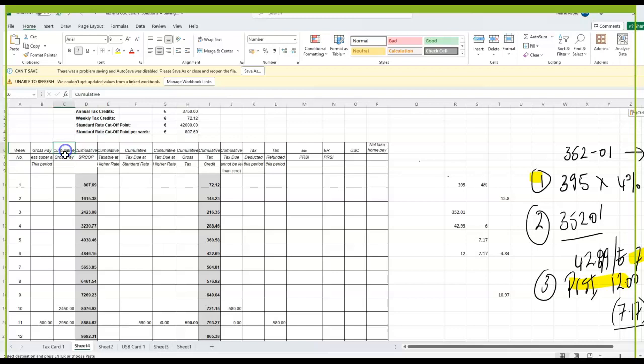It could be a week 1 method. Everything is week 1. It's non-cumulative. You work one week at a time, and only when you transfer to cumulative can you seek a refund of tax, if any.